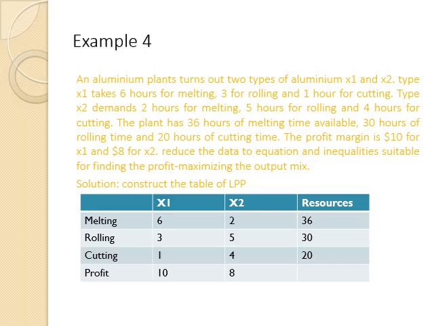Once there are 3 processes of production or 3 stages of production, respectively there are 3 constraints or 3 restrictions.